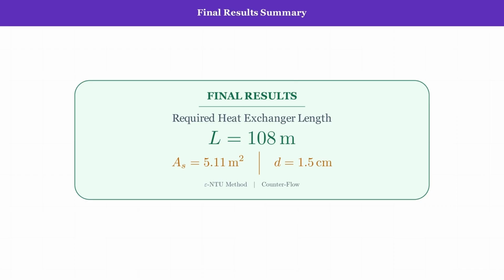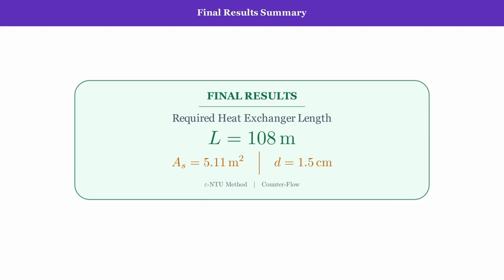The required surface area is 5.11 square meters, achieved through 108 meters of tube with an inner diameter of 1.5 centimeters. 108 meters. To a student encountering this result for the first time, it can seem surprisingly large, but consider what it reveals about the physics. The overall heat transfer coefficient of 640 watts per square meter per Kelvin is a reasonable value for liquid-to-liquid forced convection in a small tube.